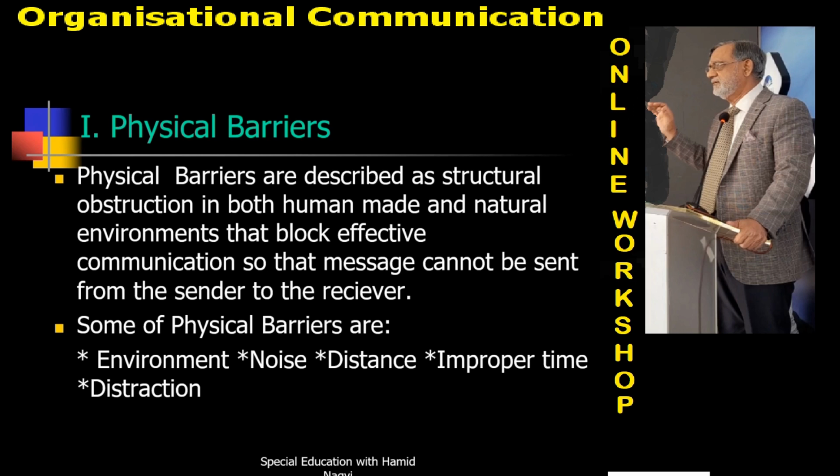Some other physical barrier may be the environment, that is, the environment is such that it may be noisy, it may not be conducive, one cannot hear properly, the person passing on the message is at a distance, the time is improper, or there are other distractions due to which the message is not being heard as it is being sent.